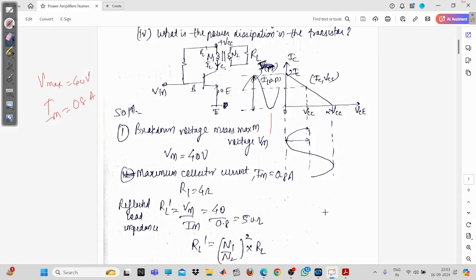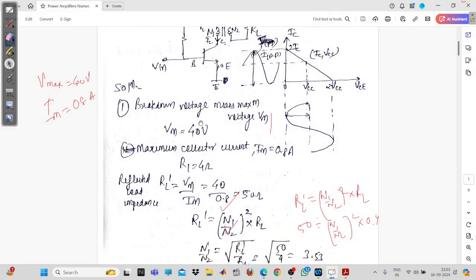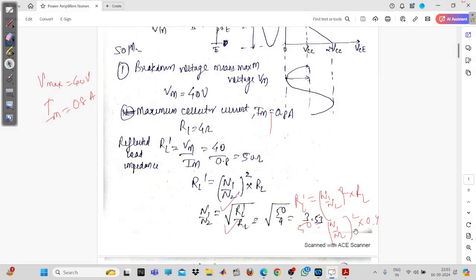Now you have got the equation. Just now we have derived this equation: RL dash is equal to (N1 upon N2) whole square into RL. Fine. So RL dash we just calculated, 40 upon 0.8, that is 50, and RL is 4 ohms only.